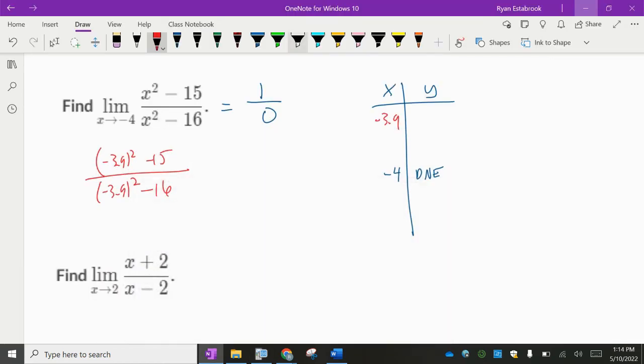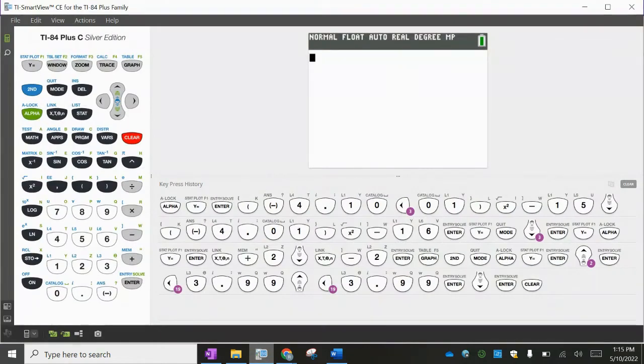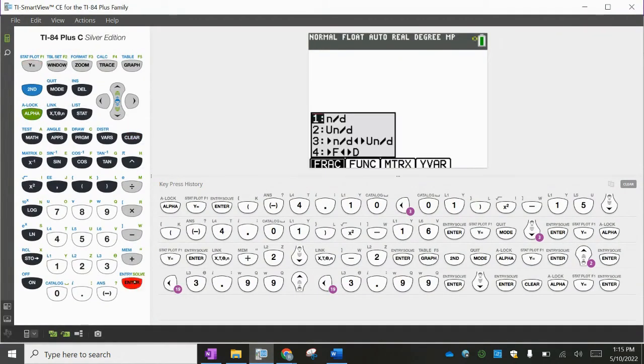Well, then we'll get mine in there correctly. When you plug in negative 3.9, what did it come out to? Is it positive or negative? There are a lot of different answers. Let me see if I can use my calculator correctly.